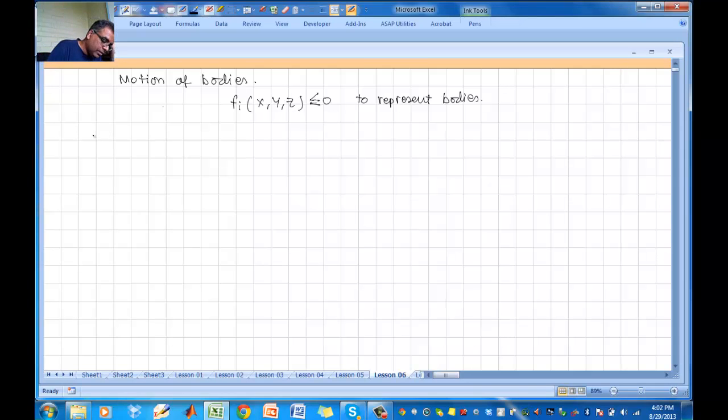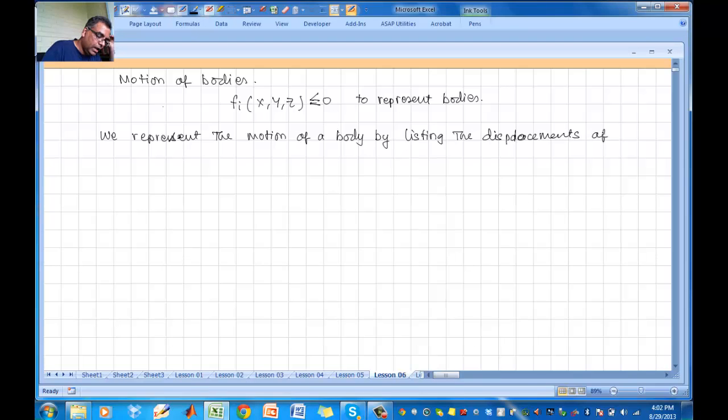So what we do is we represent the motion of a body by listing the displacements of each particle in the body as a function of time.